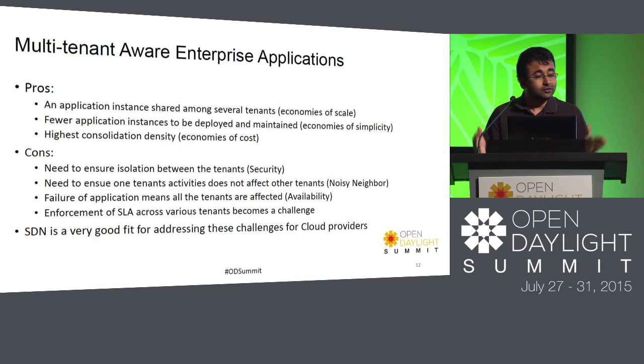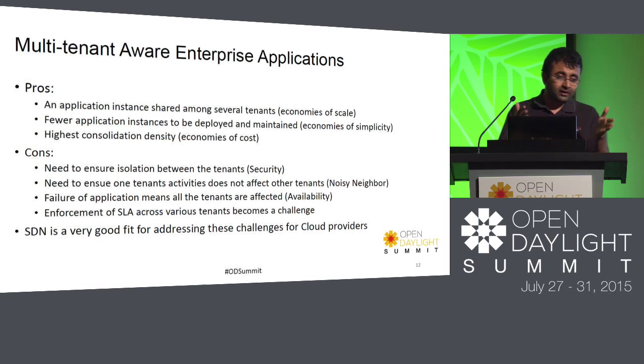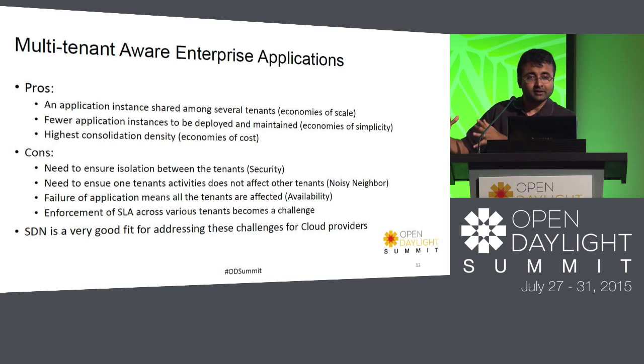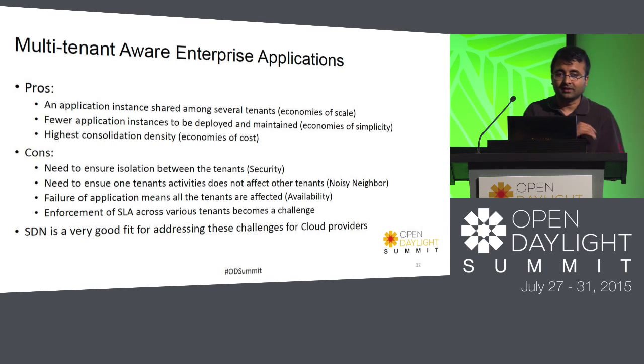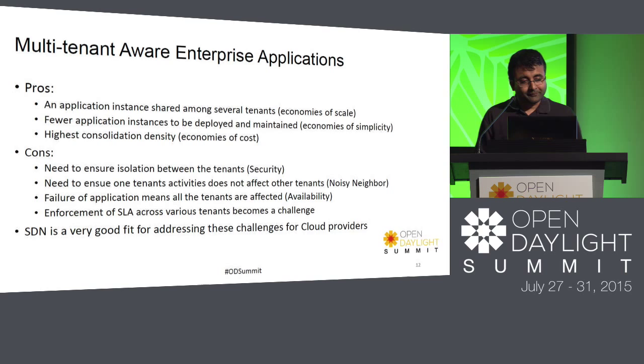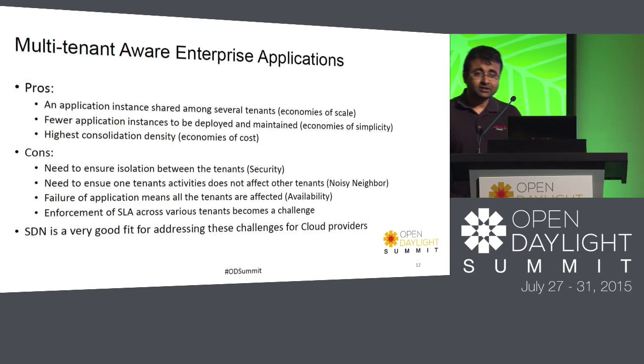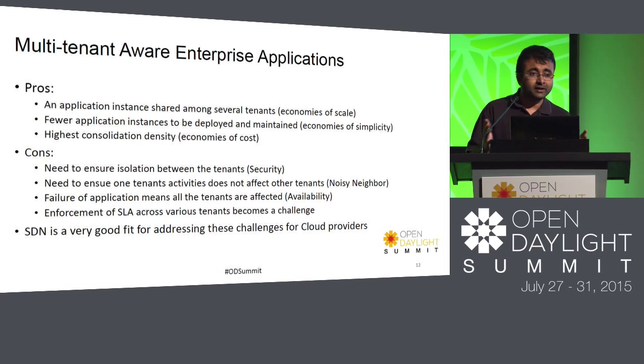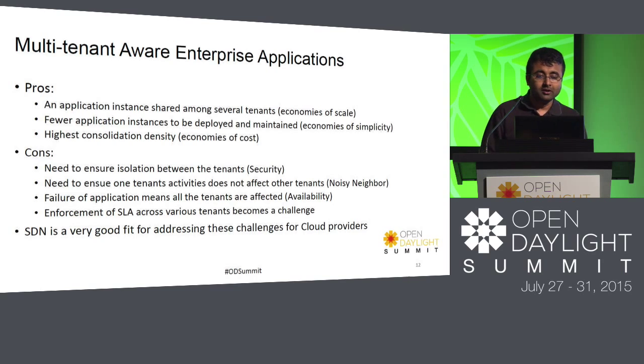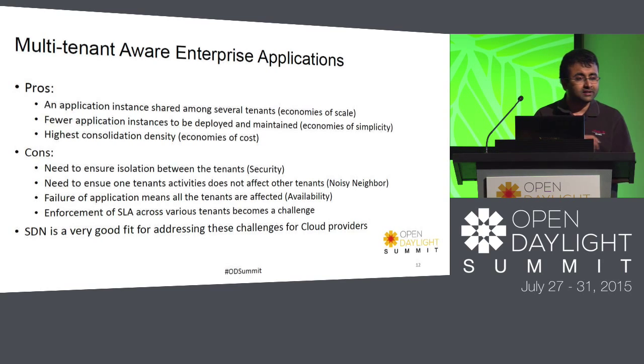And since several tenants are sharing the same application instance, you have a noisy neighbor problem where one tenant's activity might affect other tenants' workload. So the application has to be careful about how it goes about resolving the noisy neighbor problem. And the third thing is, if the application dies, that means downtime for a lot of tenants connecting to that application. So availability is another thing that the application has to keep in mind.